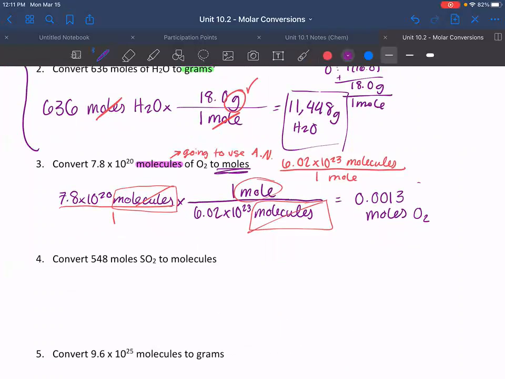Okay. All right, let's do the next one. So again, we have our molecules term, which means Avogadro's number. Here though, we start with 548 moles of SO2.